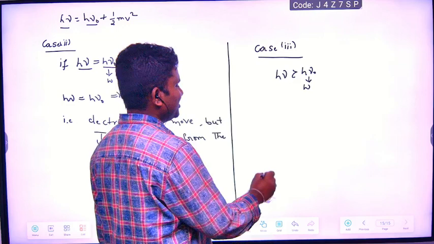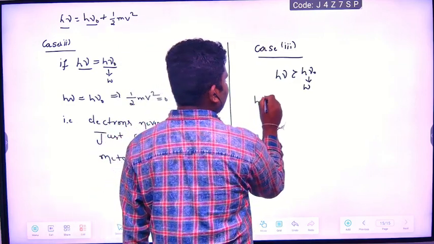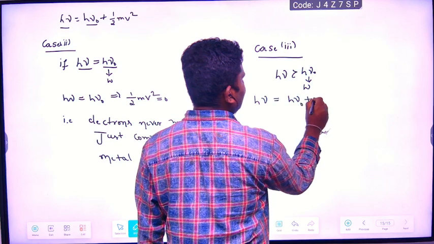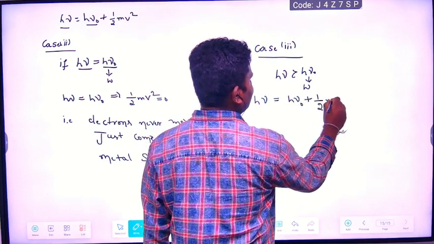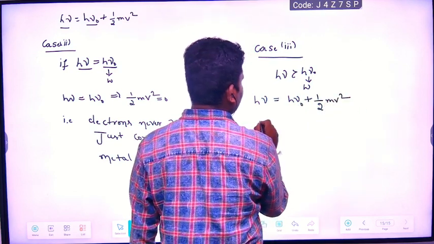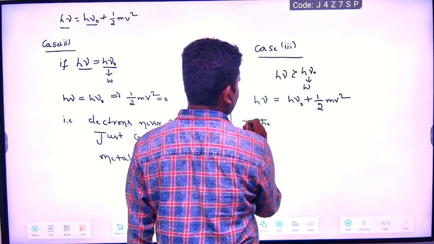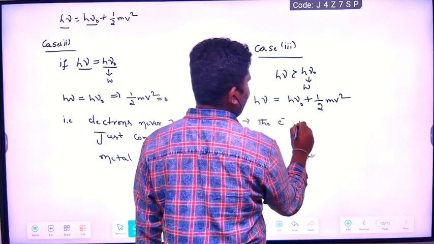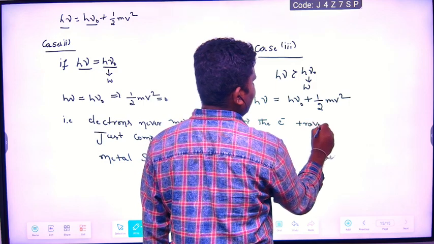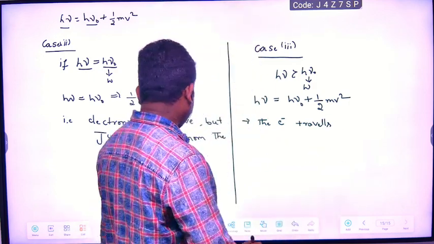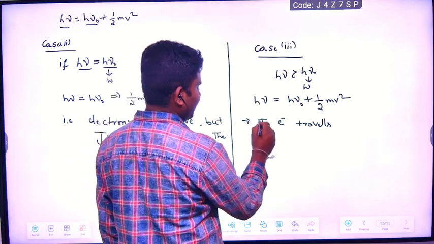So h mu is equal to h mu naught plus half mv square. Don't write this, I will write a proper definition.